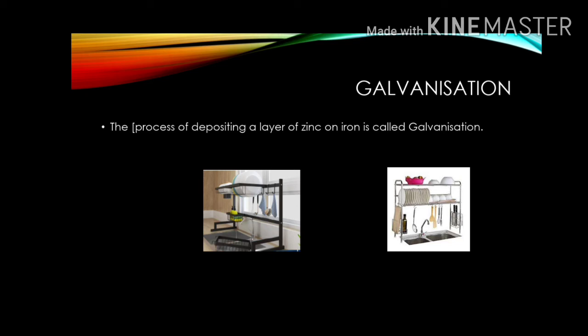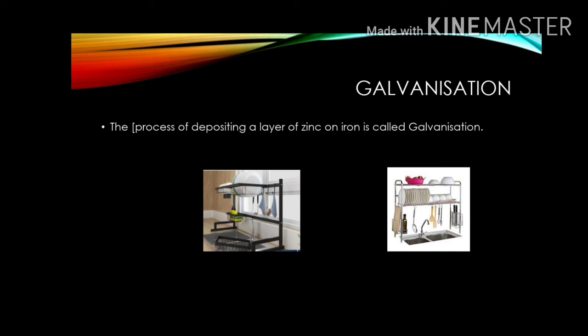If they are white, there is a coating of paint on them, and if they are stainless steel, it is because of galvanization. Though we can protect the drawers with painting also, it is not long lasting. So that's why mostly people use stainless steel.